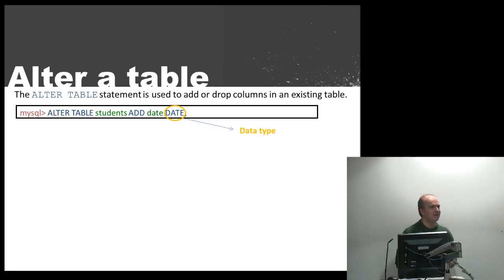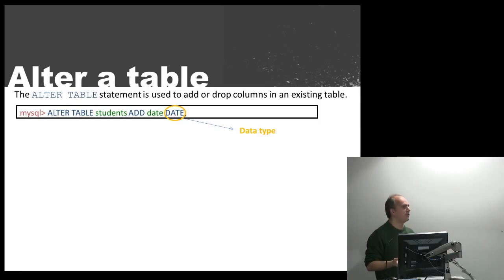So at some point, someone had to add that field. You could use, for example, the alter table statement and say alter table, in the table student, you add a field. The field here is called date, and the type is date as well.